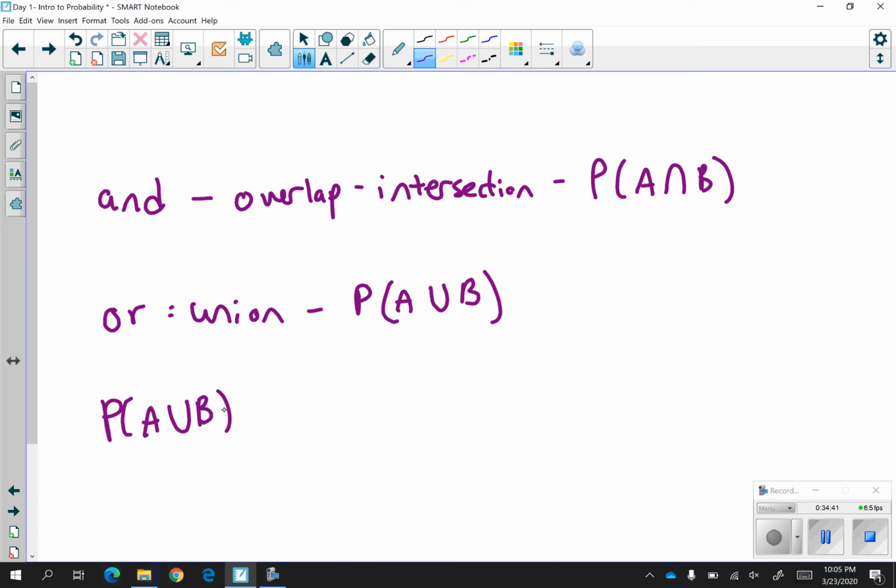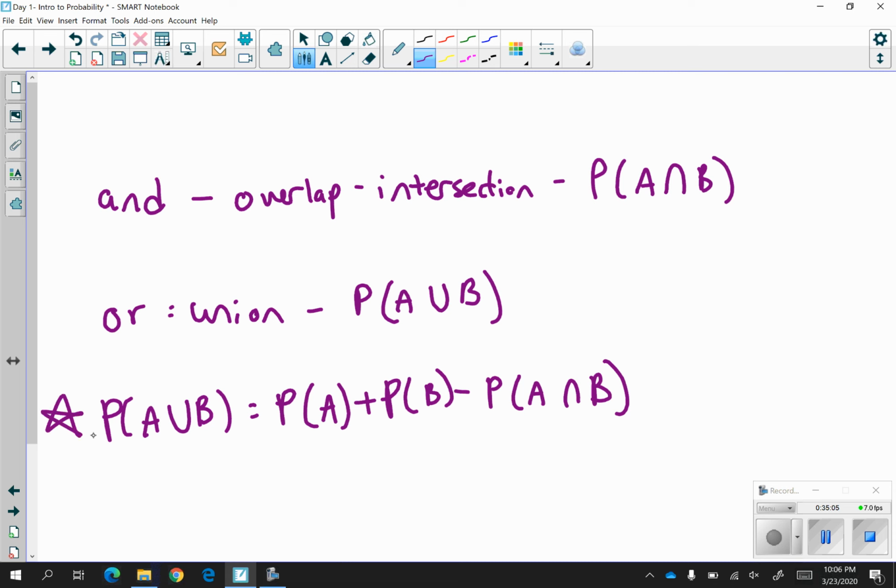So the probability for or, the formula, is going to be the probability of one plus the probability of the other happening minus that overlap of the probability of A and B. You definitely want to make sure after this video you can remember the symbols and that you remember this formula since it's not given to you on the regions. And that's all for this video.